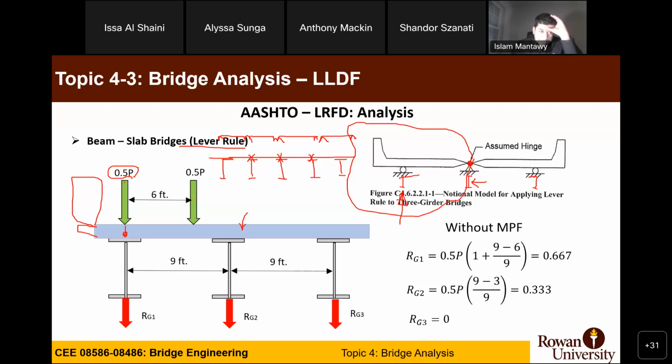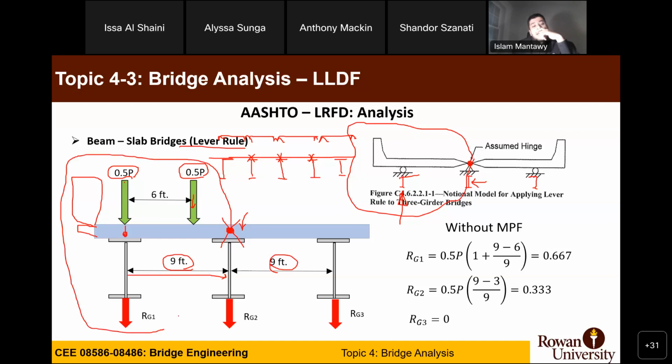And the second wheel, also half P, is 6 feet away, and the spacing between the girders is 9 feet. If I assume there is an intermediate hinge here, can we calculate the reaction on the exterior girder, RG1?